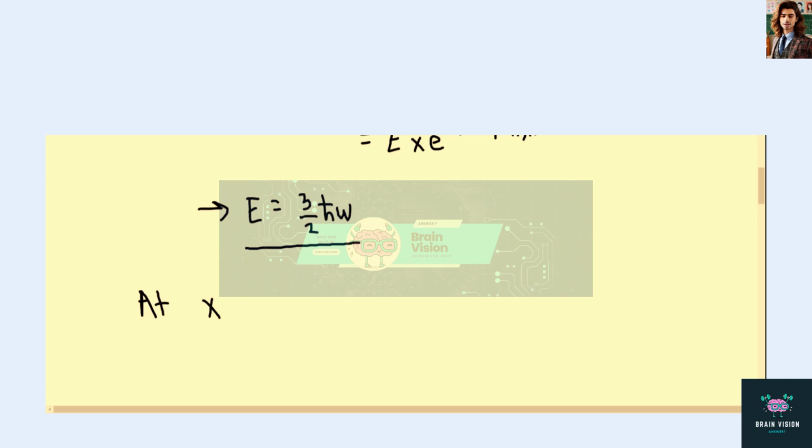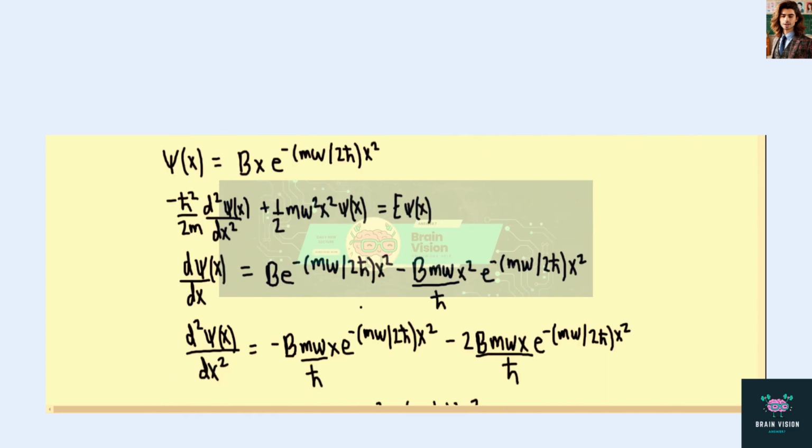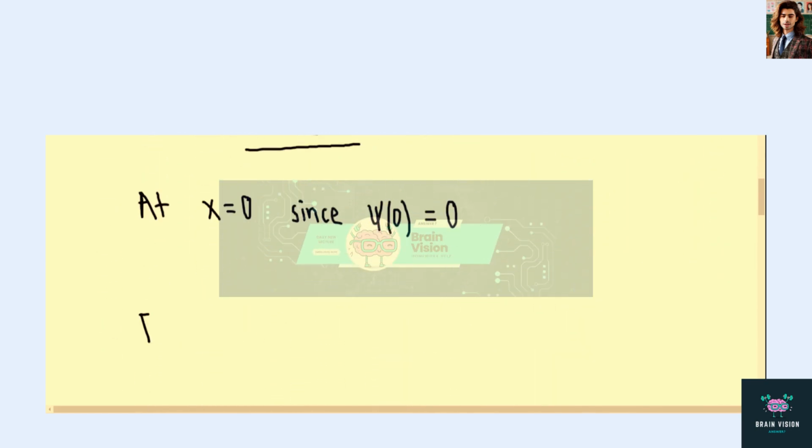So we continue on, and we notice that at x equals 0, since the wave function vanishes at x equals 0, well, psi is going to be 0. The wave function is 0, and that's because we have this x multiplying the exponential function. So the wave function is 0 at x equals 0.